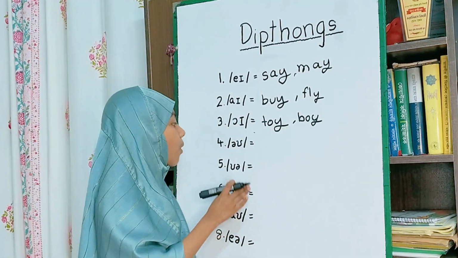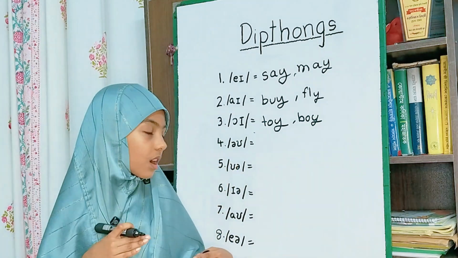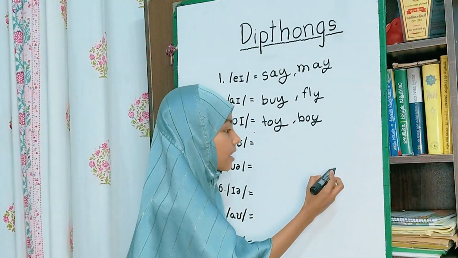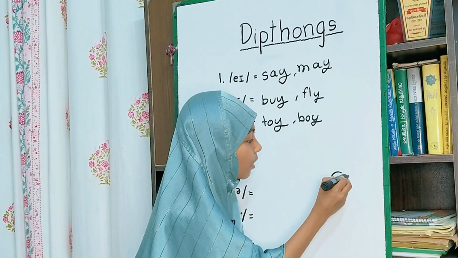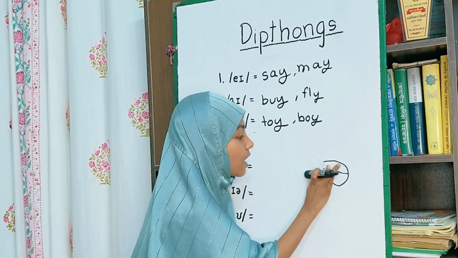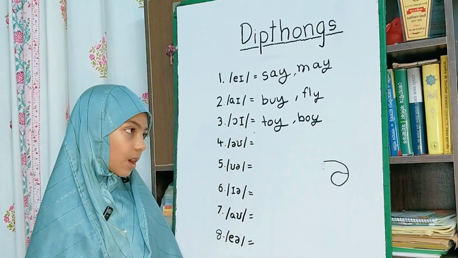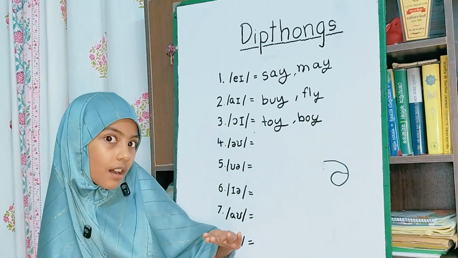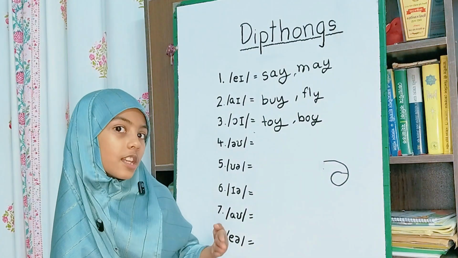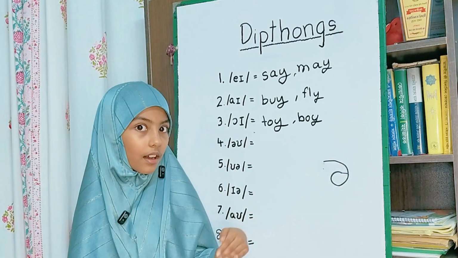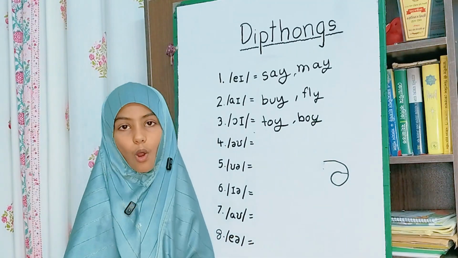Now, o. This is the schwa sound. It's an upside down E, which is known as the schwa sound. It is not A, it is in the middle. Normal.